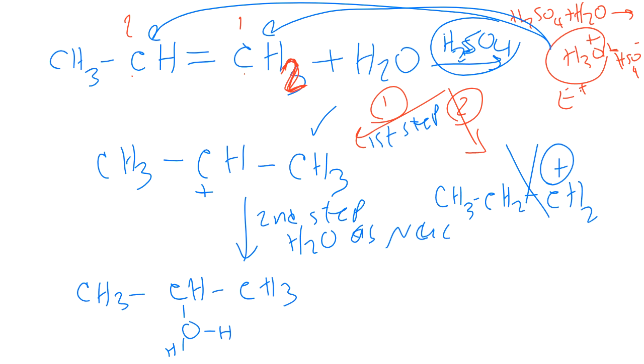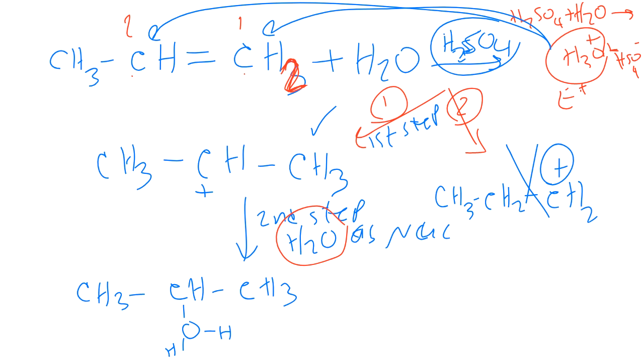What happened to the plus charge? Would the plus charge be cancelled by bringing H2O or does it remain? Am I bringing any negative charge here to cancel the plus charge? No. So if I don't cancel the plus charge, it is going to stay.